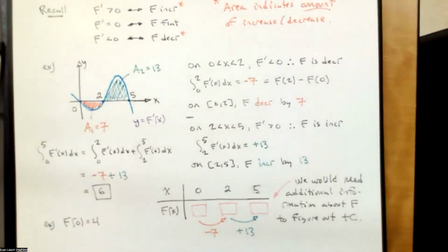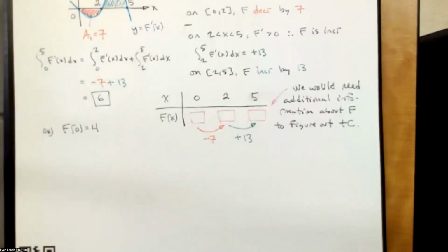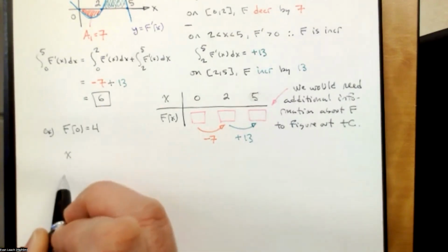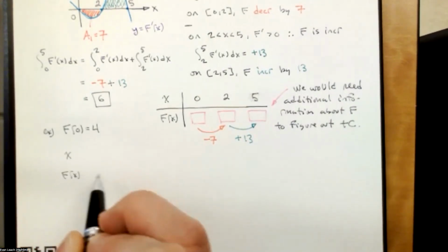Knowing one point on the function, on a particular antiderivative, completes our picture. It allows us to figure out what the plus C is. So if F of 0 is equal to 4, I can plug in my table and it gets filled in.